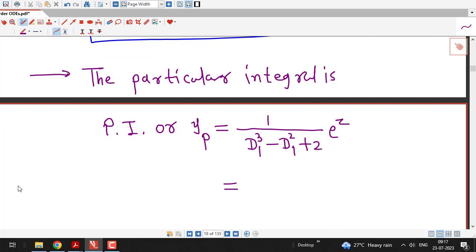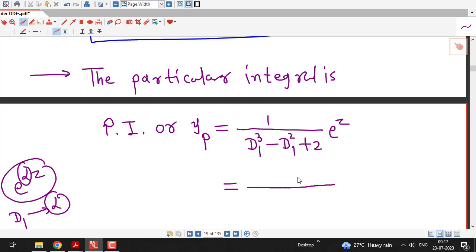And we know that if the right hand side function is e raised to alpha z in shortcut methods, then we replace the derivative either D or D1 by this coefficient of z, that is alpha. Here the coefficient of z is 1, therefore we have to replace D1 by 1, that is 1 minus 1 plus 2 e raised to z.